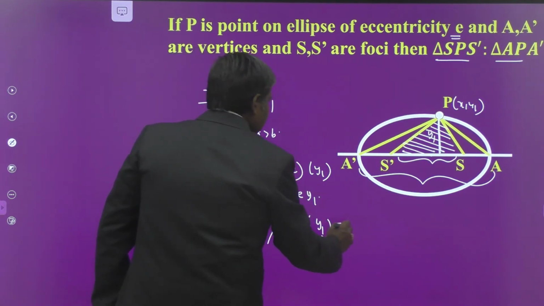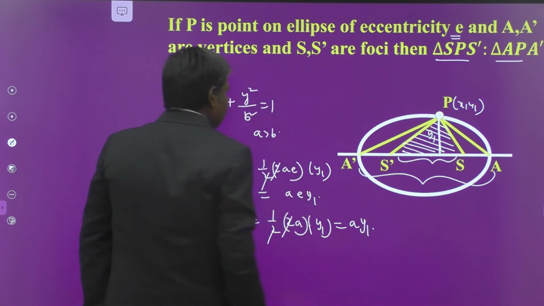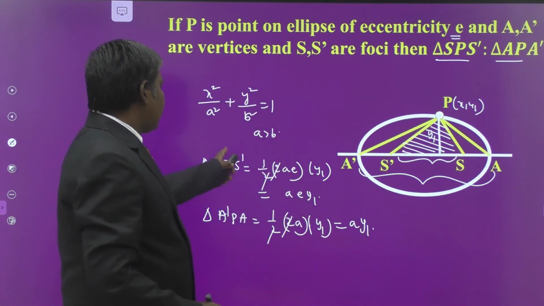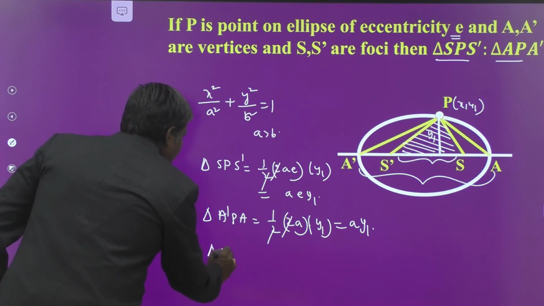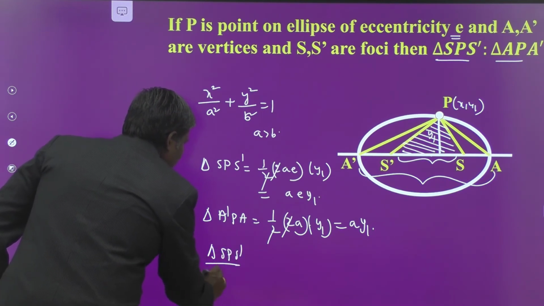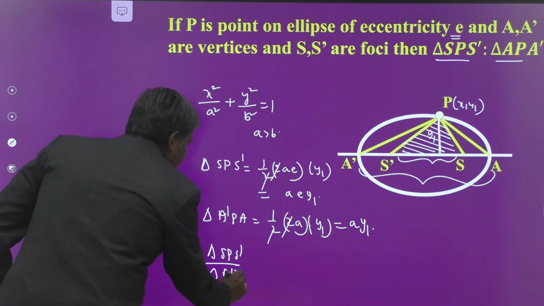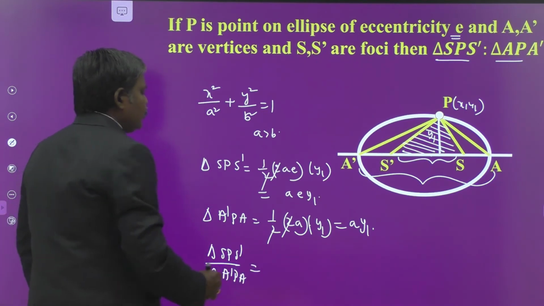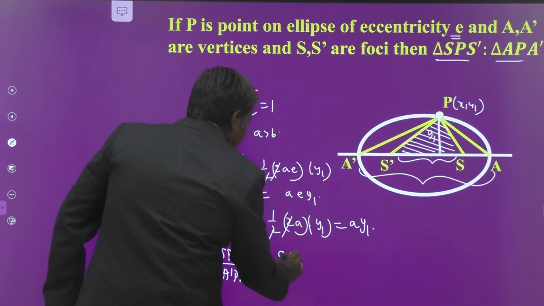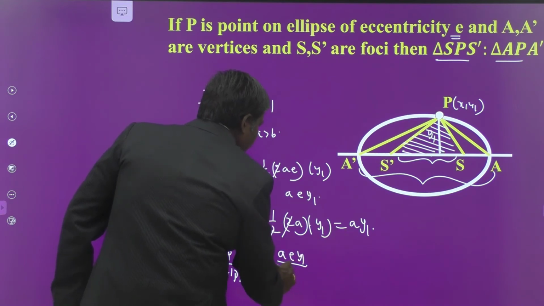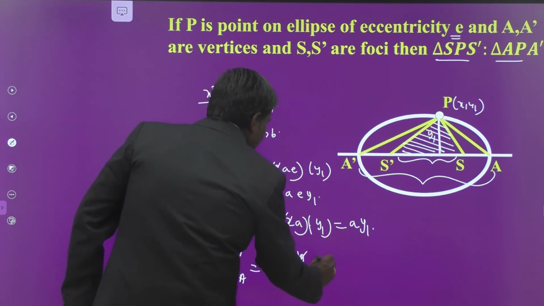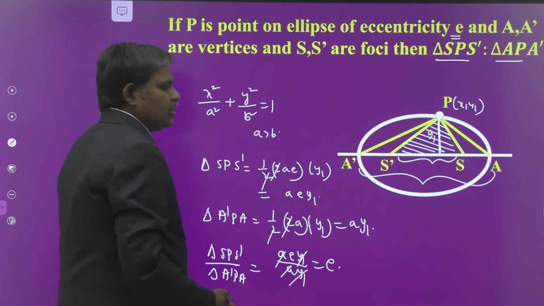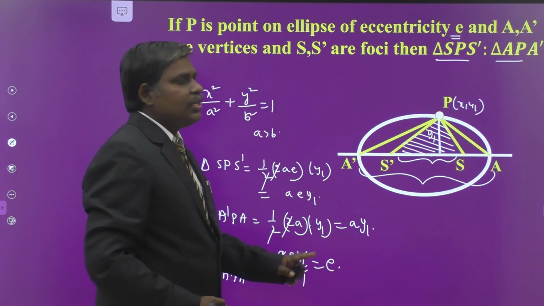The 2 gets cancelled, so this is A y1. Can you get the ratio? The area of triangle SPS dash by the area of triangle A dash PA is AE y1 by A y1. The y1 gets cancelled, A also gets cancelled, so the ratio is E. Therefore the ratio is E is to 1.